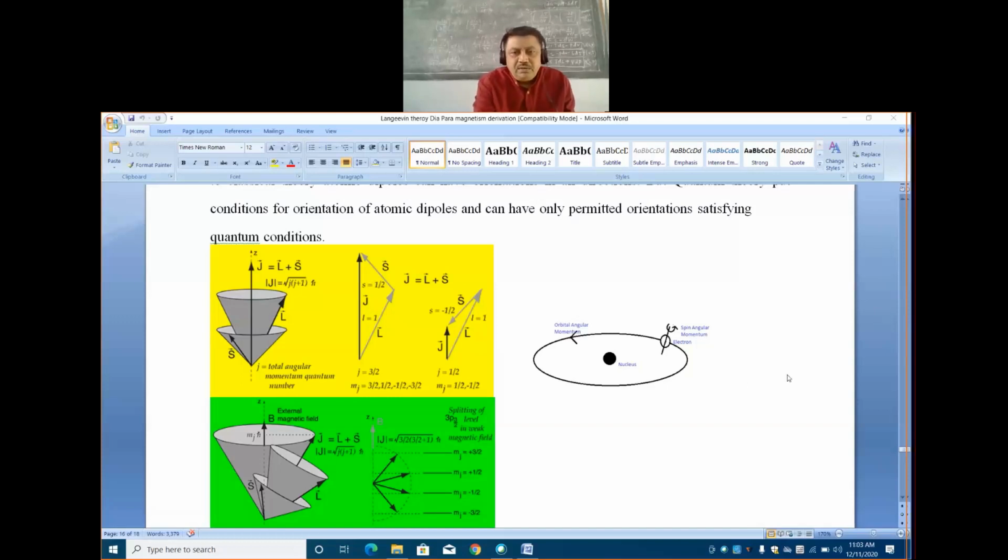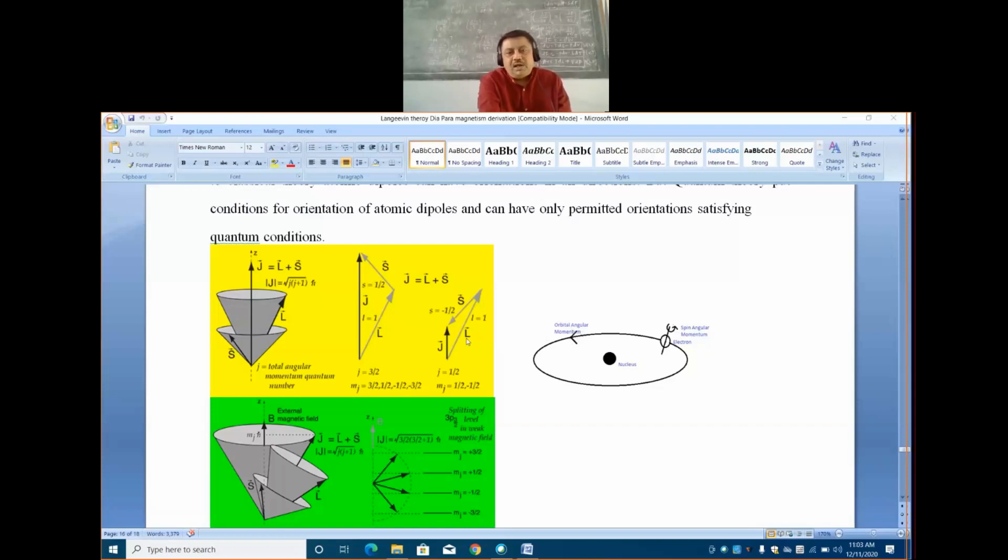You see that the atom has a nucleus at the center and electrons revolve around the nucleus. They orbit around the nucleus, and because of this orbital motion, the electron has an orbital angular momentum, which is the L vector.